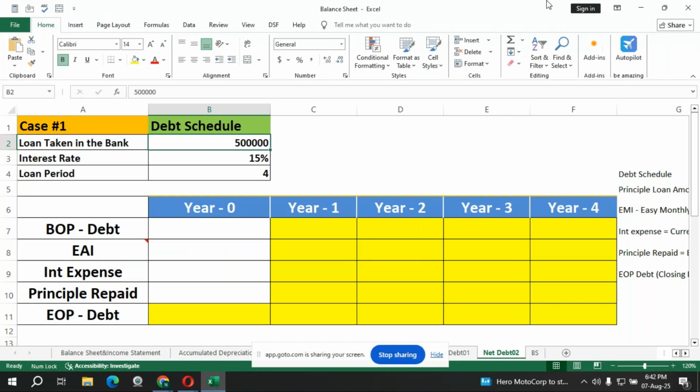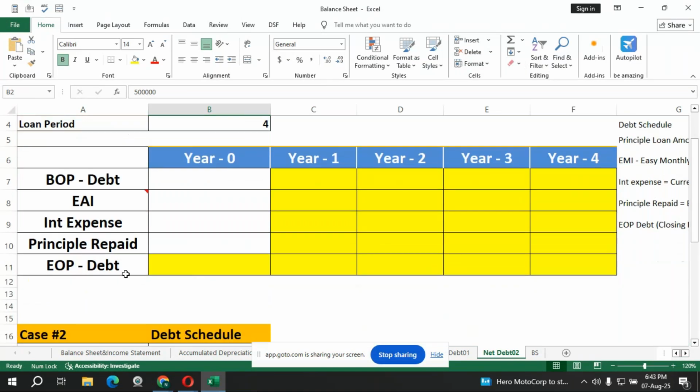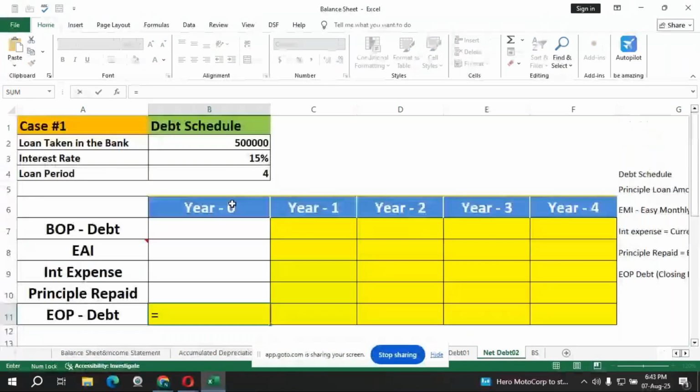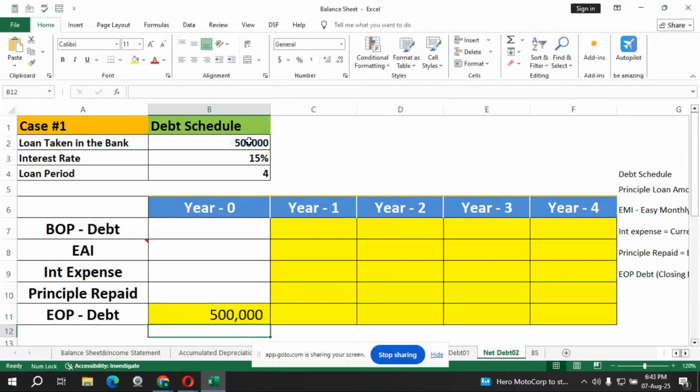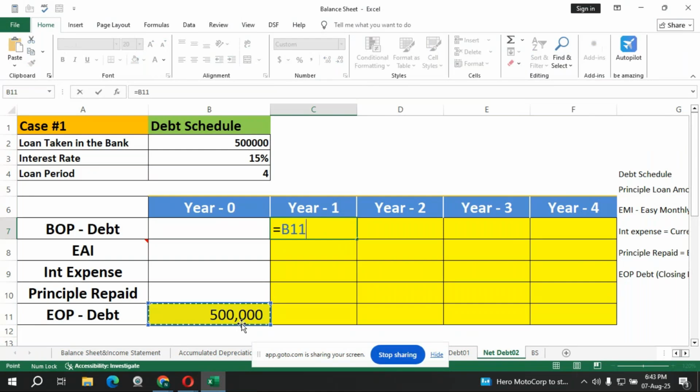In the year 0, the amount is 5 lakhs, so your debt is equal to 5 lakhs. Year 0 has started, so in the year 1 we carry forward the same amount. Year 0's closing balance will become year 1's opening balance.